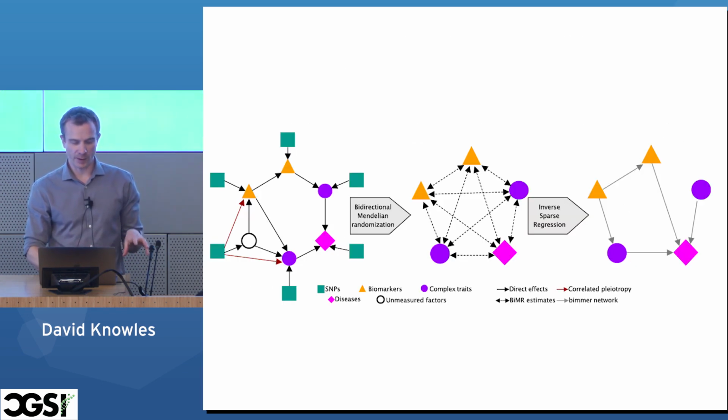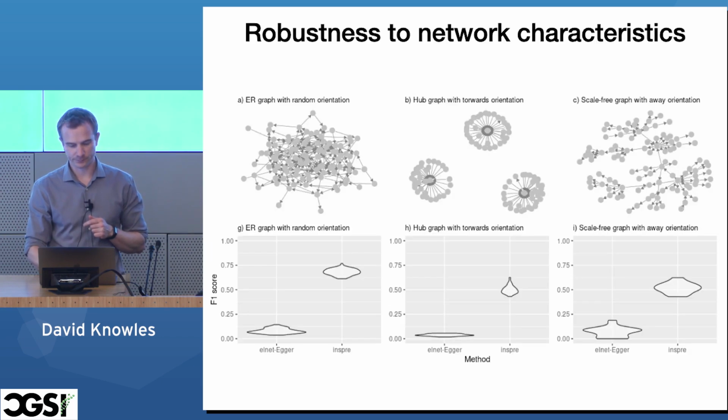So in terms of how this is going to look overall, we're going to do this pairwise MR estimation of total causal effects of every pair of traits A and B. And then we're going to apply that convex optimization approach to separate out the direct effects from mediated effects to get this direct causal network.